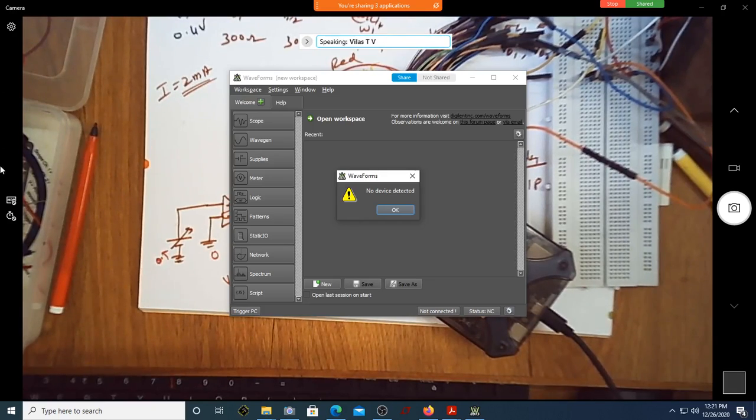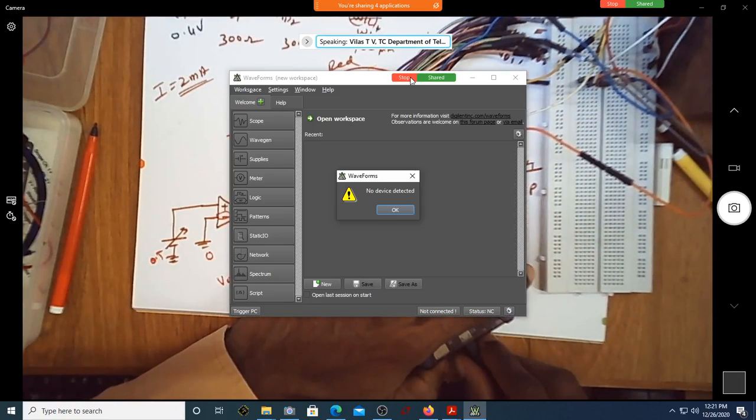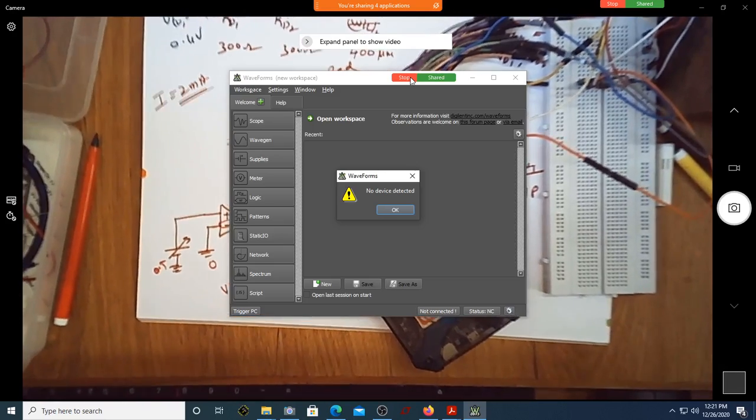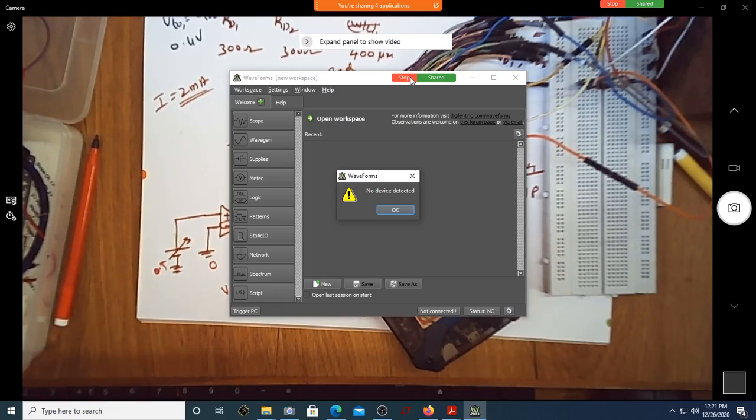Let me just share this. Okay, what is it showing? It is showing no device detected. Maybe a problem with the cable. No, these are the typical problems you're going to face. So it's good that you are facing them during the demonstration itself.